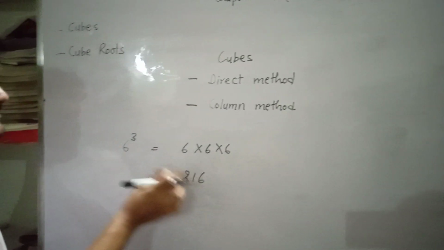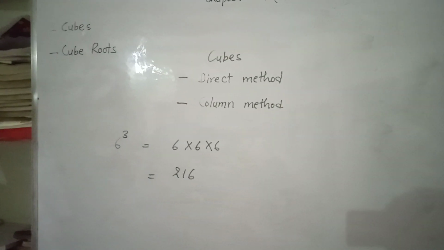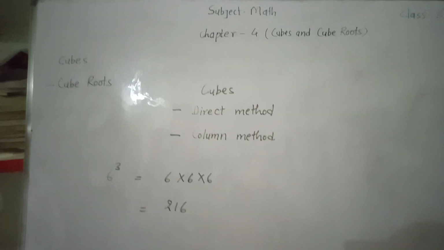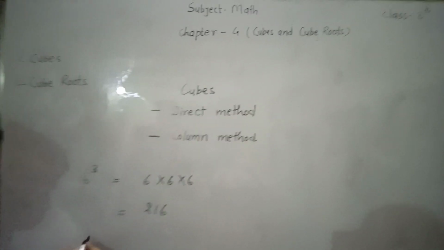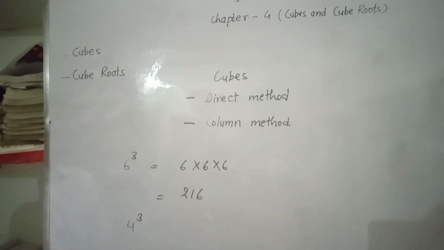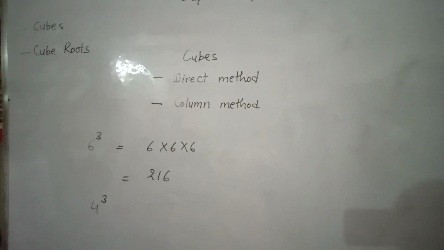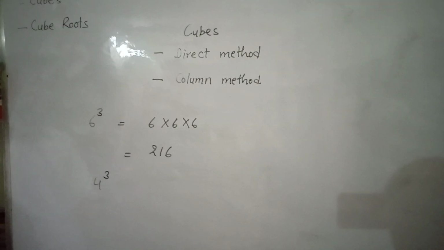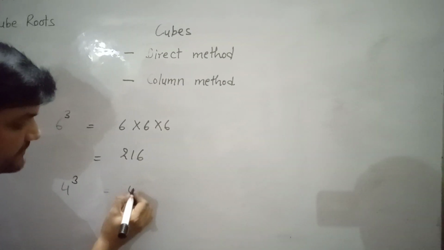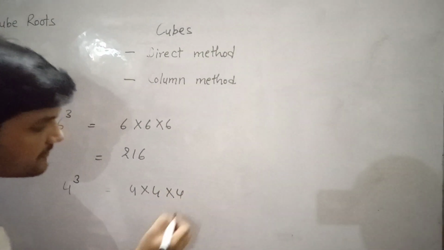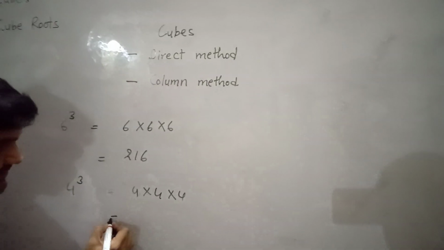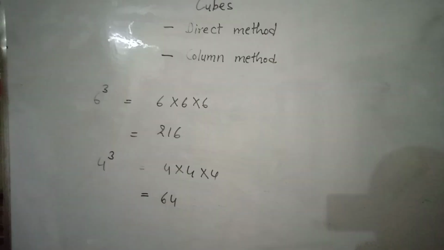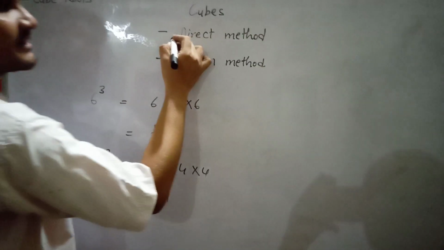So that's the cube of 6, and that's the direct method for finding the cube. We will take one more example. If we want to take the cube of 4, then we will multiply the 4 three times, so we will get 64. So 64 is the cube of 4. That's the direct method.